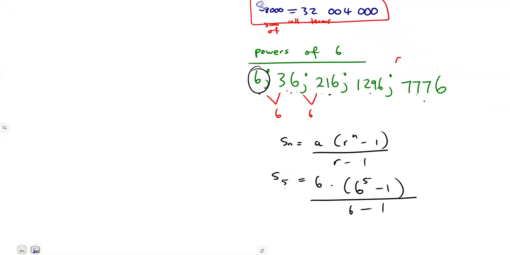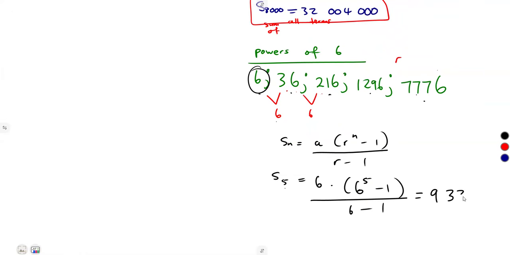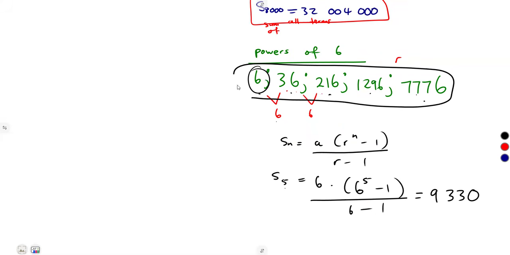You are going to obtain the same answer as before. Let us verify: 6 to the exponent of 5 minus 1 over 6 minus 1. As we can see, we obtain the same answer, 9,330, the one I obtained by simply adding these.